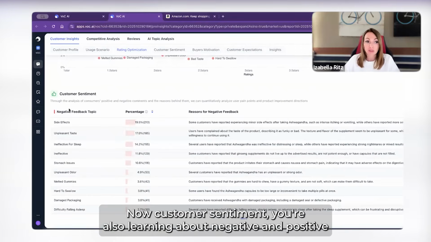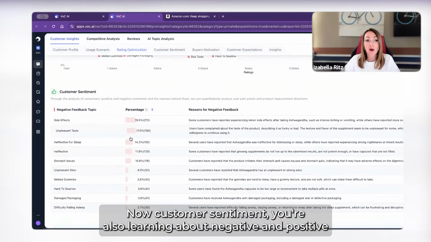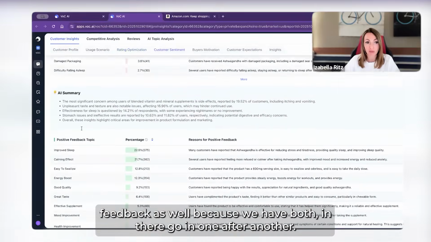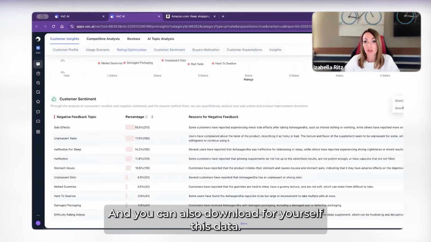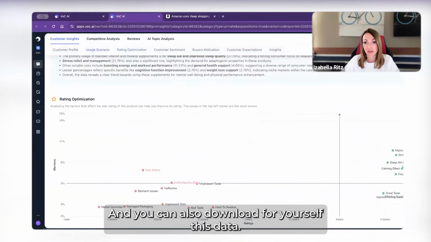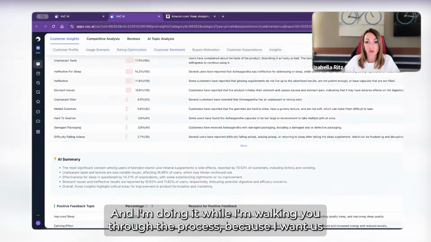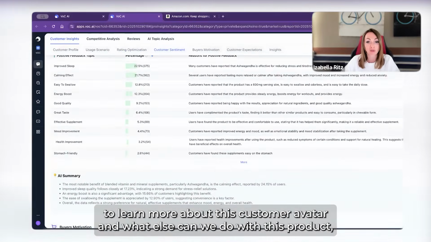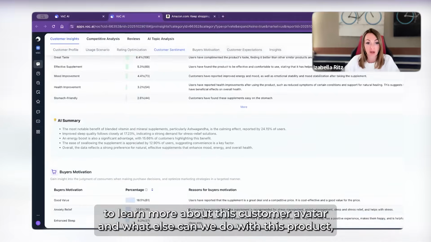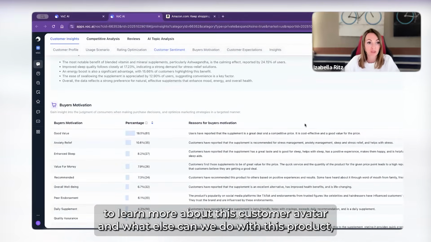Now, customer sentiment, you're also learning about negative and positive feedback as well, because we have both and they're going one after another. And you can also download this data for yourself. And I'm doing it while I'm walking you through the process because I want us to learn more about this customer avatar and what else we can do with this product.